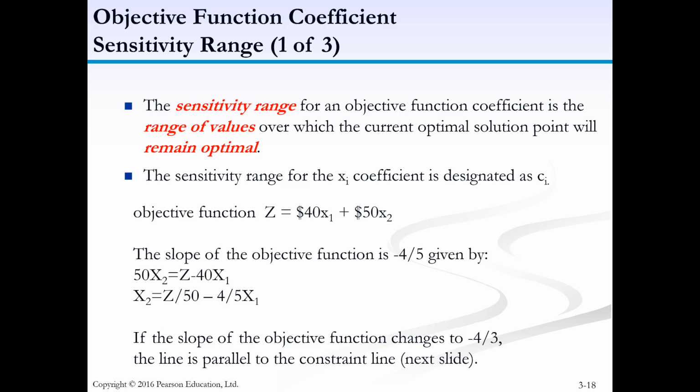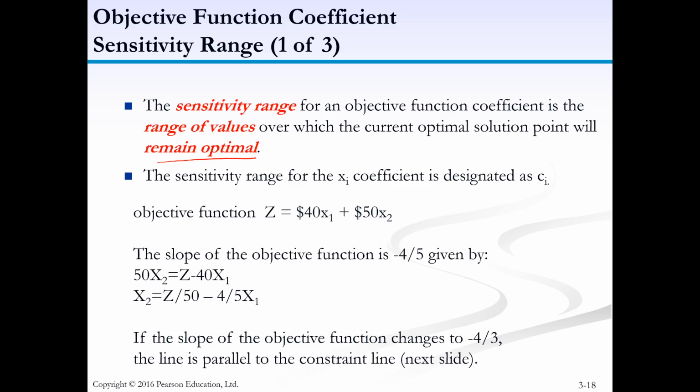Now the sensitivity range for an objective function coefficient is the range of values over which the current optimal solution point will remain optimal. So we have to see the range over which the objective function coefficients, which is the profit for each variable, can change such that the corner point remains the same.